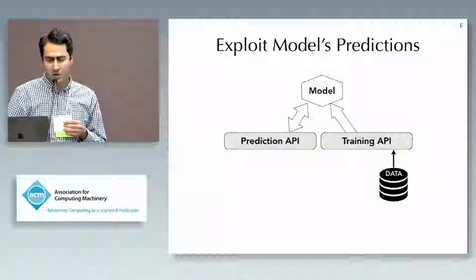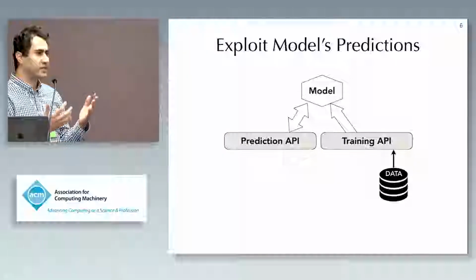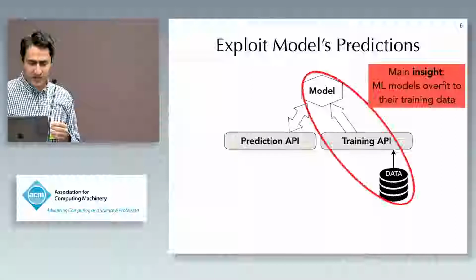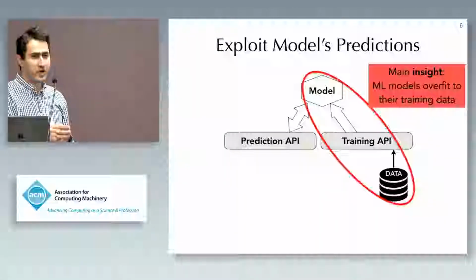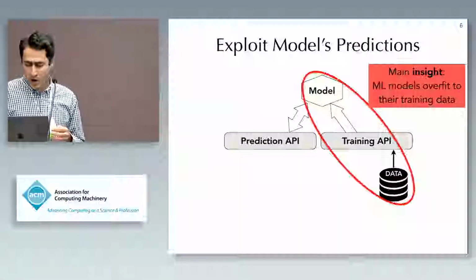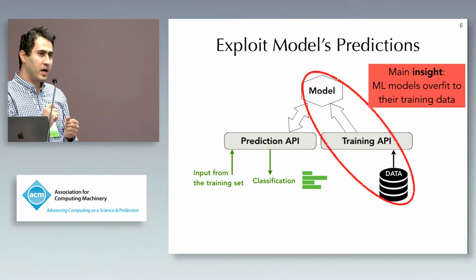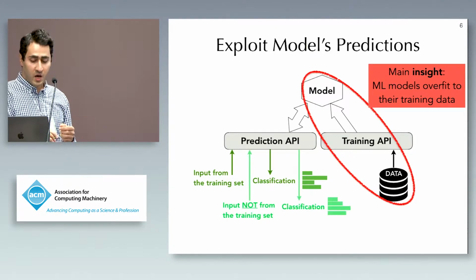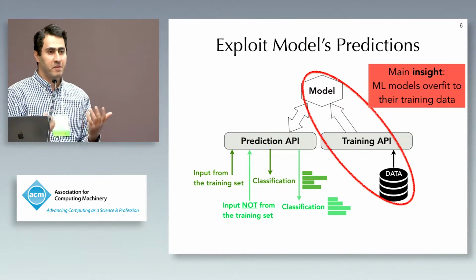But then let's ask ourselves: what's the main reason that enables an attacker to leak that kind of information? The main intuition is that machine learning models tend to overfit to their training data set. Therefore, if you use a prediction API to input samples from the training data set and from outside the training data set, it's likely that the distribution of the output of the prediction API is different for members and non-members, right?